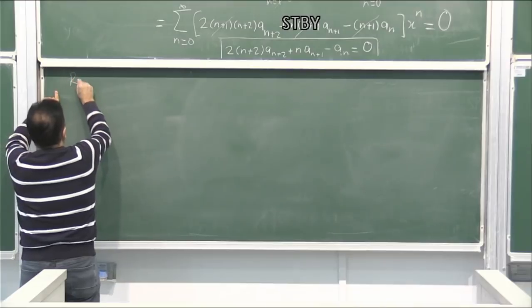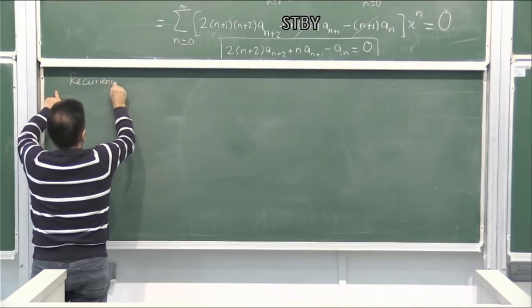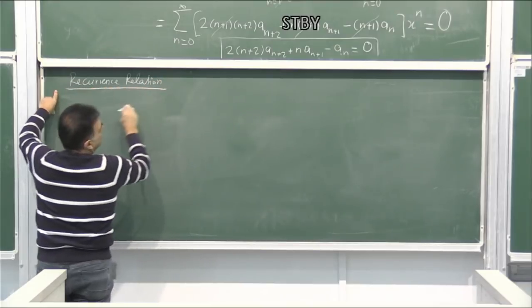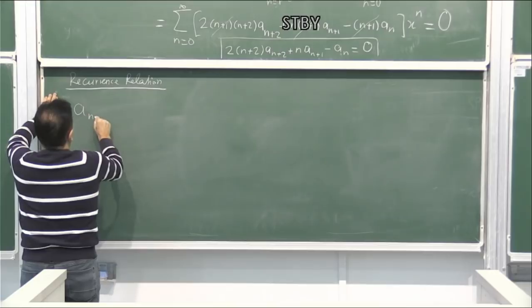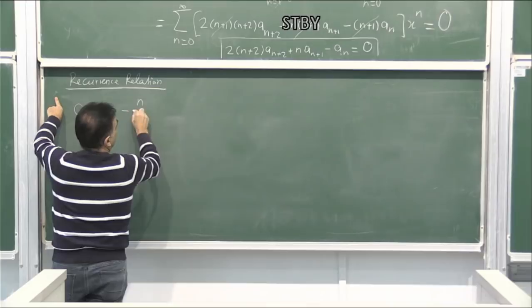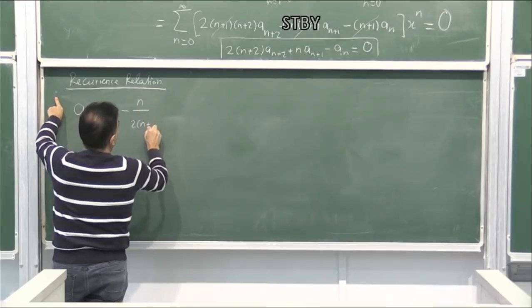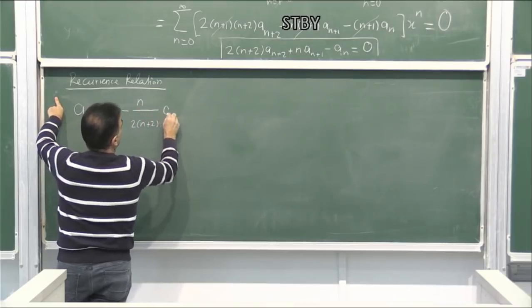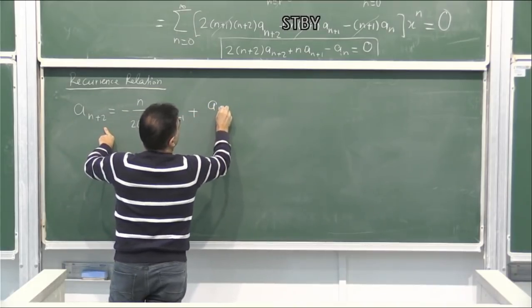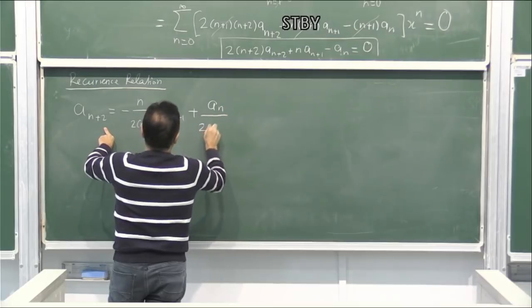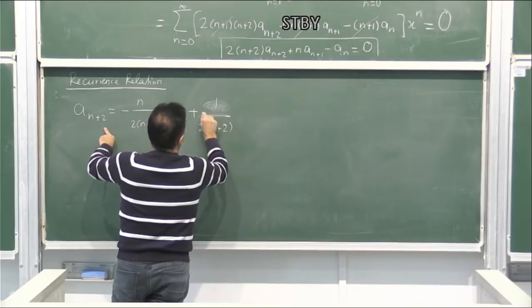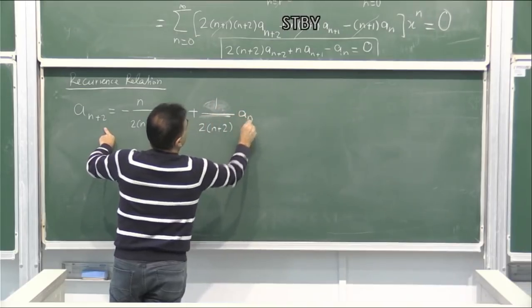Now the recursion relation for this is a n plus 2 is minus n over 2 n plus 2 a n plus 1, plus 1 over 2 n plus 2 a n.